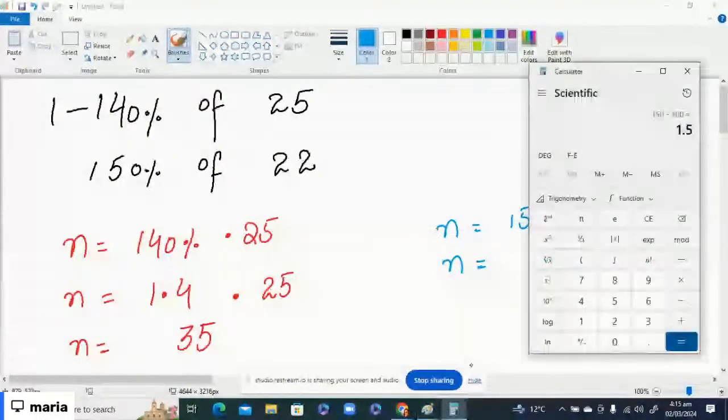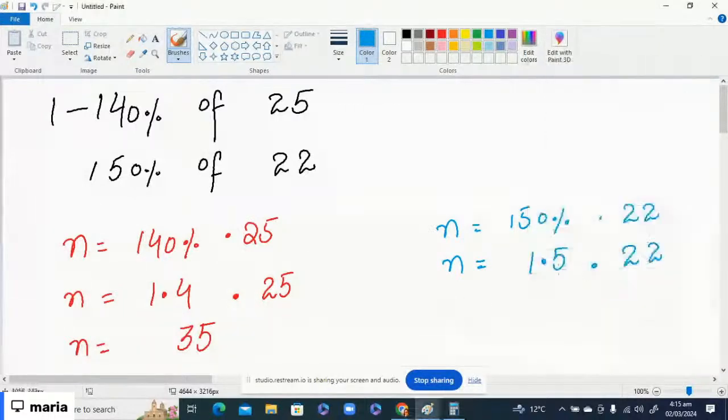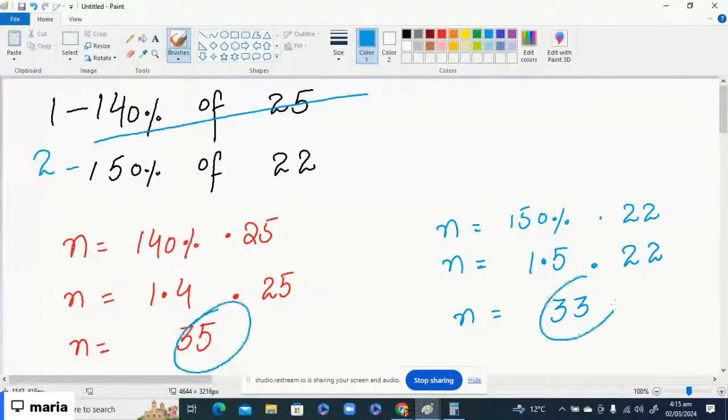Okay, 1.5 multiplied by 22. This is 33. So which one is greater? The first one or the second one? Obviously the first one is greater because the answer is here 35 and the answer is here 33. So we can say that the first one is greater as compared to the second one.